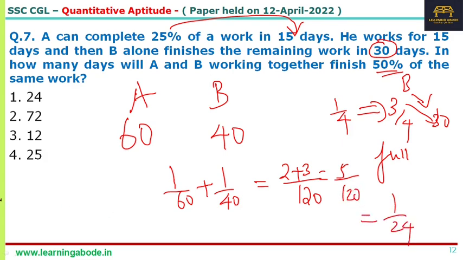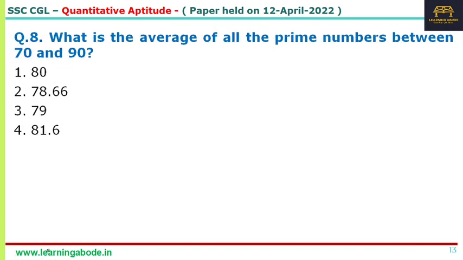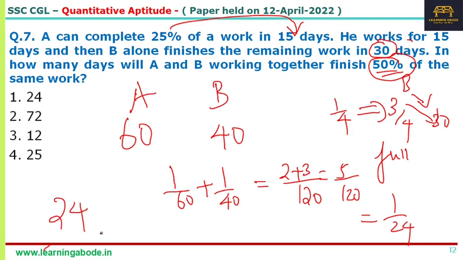So together they'll complete the task in 24 days. 50% of the task is half of this, so half of 24 is 12. Answer option 3, 12 is the answer for the 7th question.